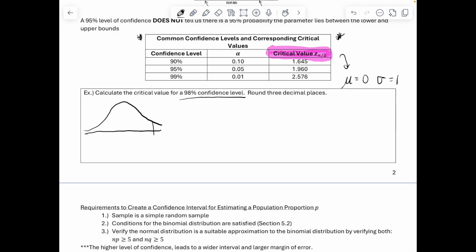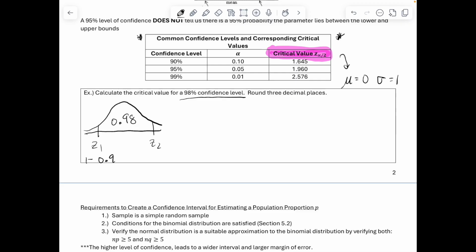From here, I'm going to have two cutoffs that are going to be labeled Z1 and Z2. This way we are 98% confident. I'm going to write it as a decimal, 0.98, and then the total area under the curve we saw before is 1.